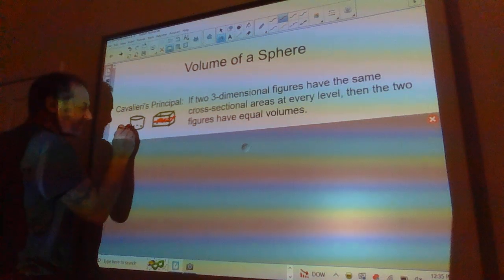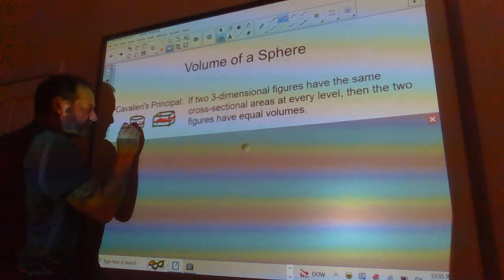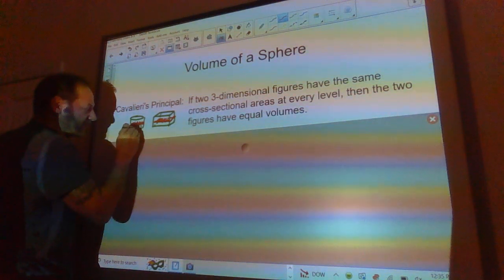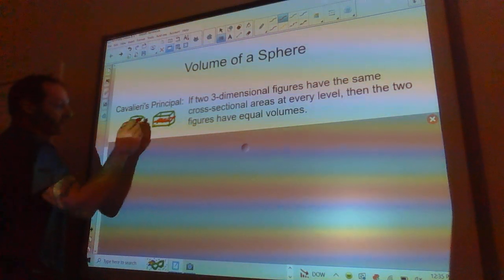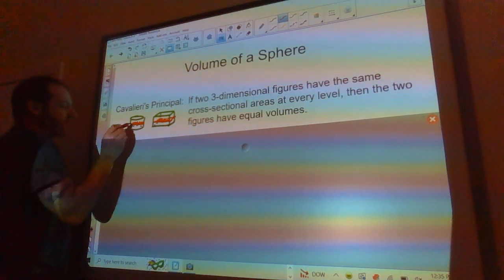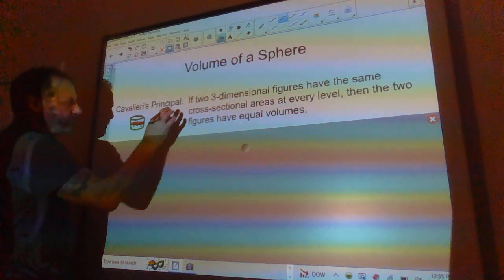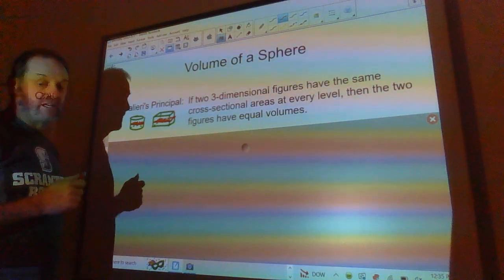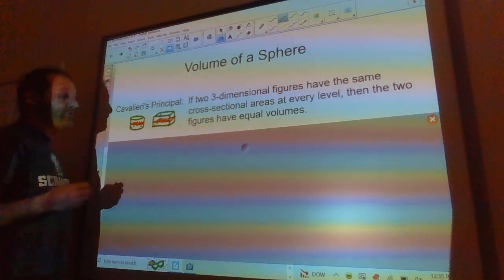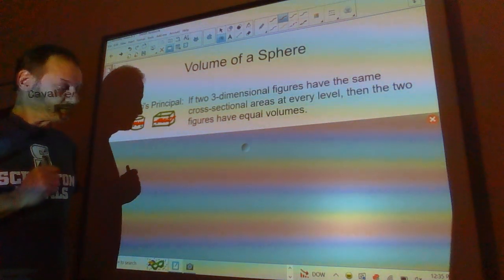And at the exact same height, I'm taking a cross section of this, and I'm looking at that. So I'm going to get a circle here and a rectangle here. If the area of that circle is equal to the area of that rectangle, anywhere at any level that I take this, then the volumes of those two shapes have to be the same.